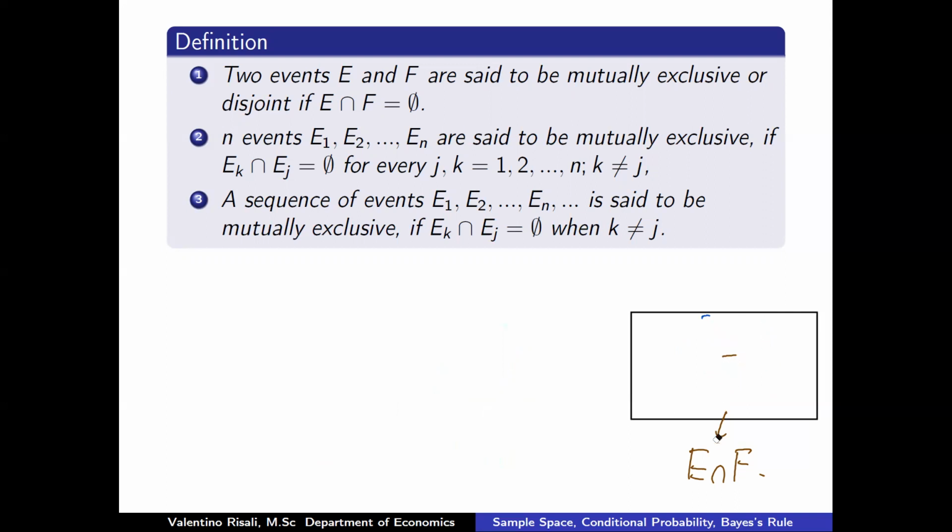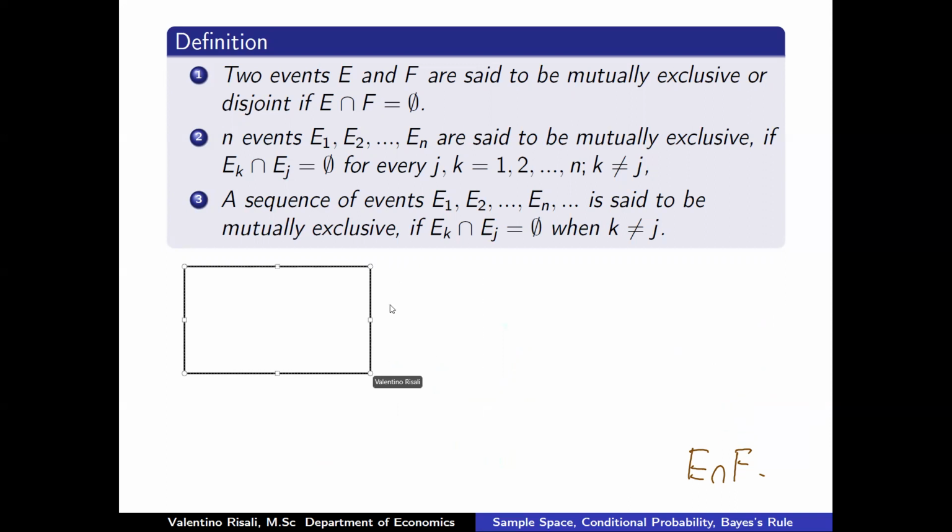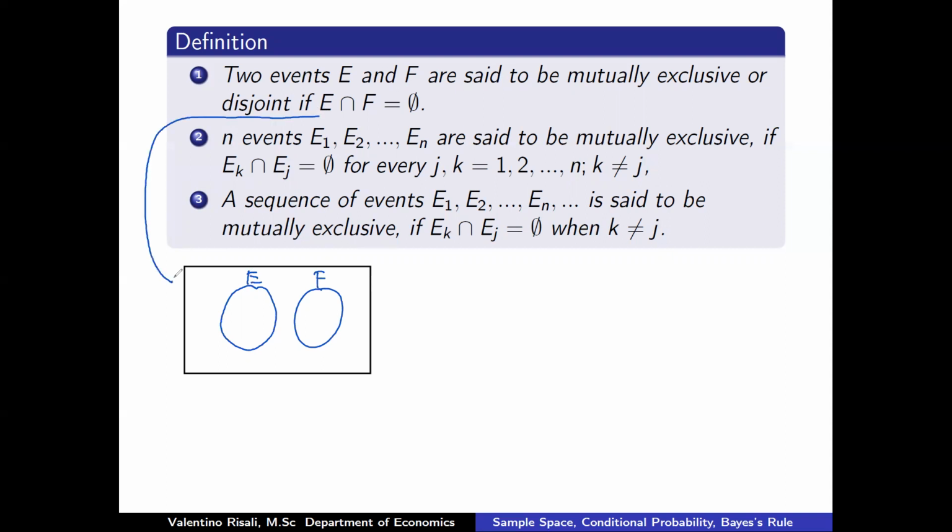For the illustration, we have this rectangle as the sample space, and two events are disjoint if they are separated, like this, E and F, and we can see that the intersection of E and F produces an empty set. So it is the illustration of two events E and F that are disjoint.